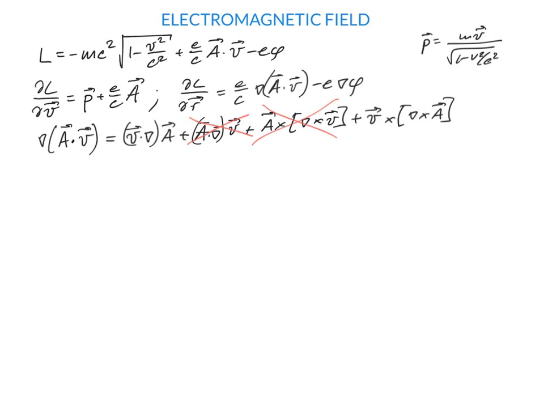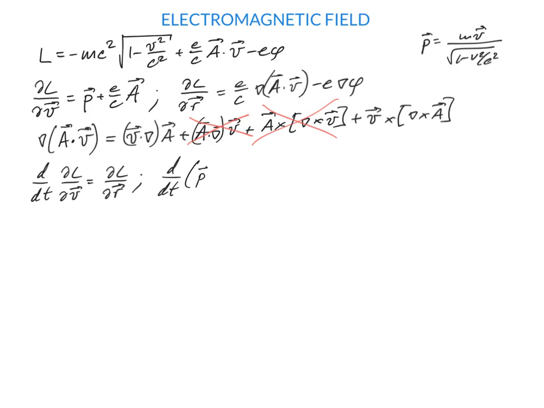The Euler-Lagrange equation is the full time derivative of dL by dv equals dL by dr. So now we can substitute into this expression. So we'll have d by dt, and here goes the right-hand side from here.